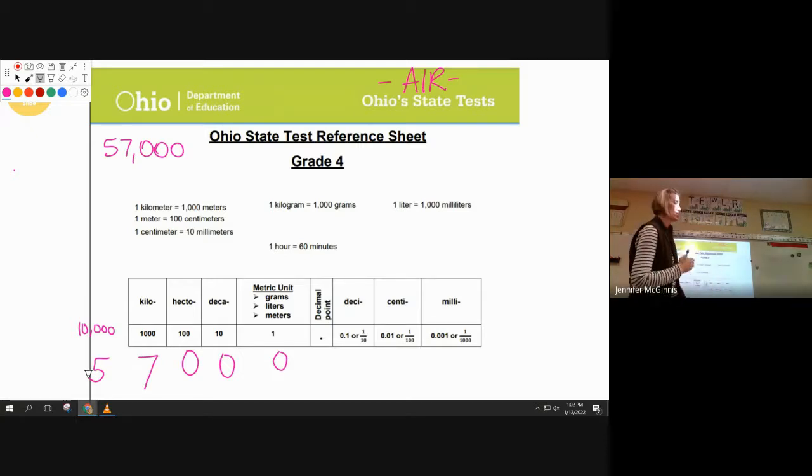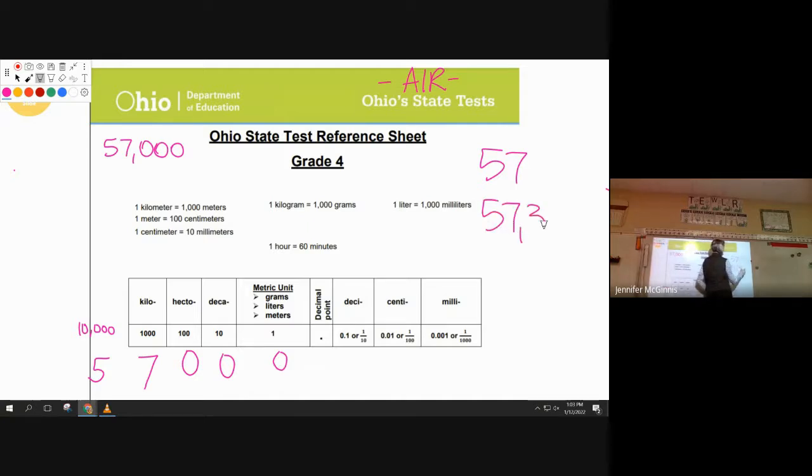If I ask you to write the number 57,000, you're not going to write this, because that's the number 57. What if I ask you to write the number 57,003?